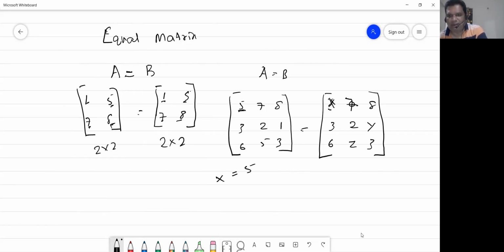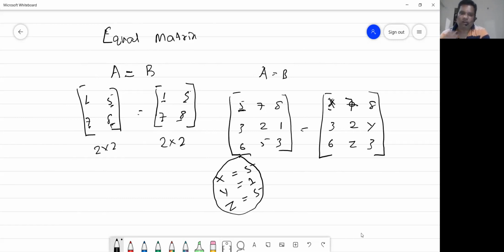Similarly 7 and 7, 8 and 8, 3 and 3, 2 and 2. Here 1 and Y, so Y is equal to 1. Similarly 6 and 6, and 5 is equal to Z, so Z is equal to 5. If this condition is satisfied, then these two matrices are said to be equal. So the corresponding elements of matrix A are equal to the corresponding elements of matrix B. Only then can we say that the two matrices are equal.